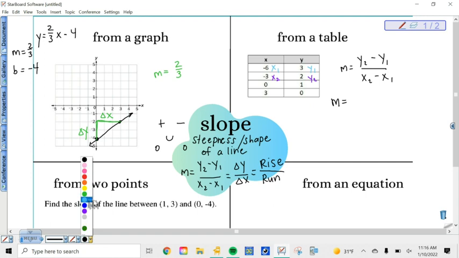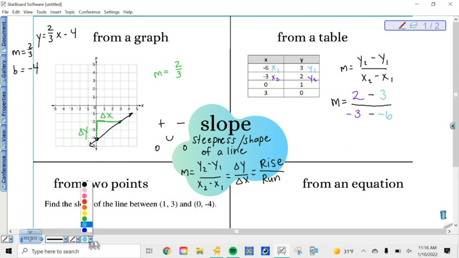So y2 is 2, y1 is 3, right? x2 is -3, and x1 is -6, right?